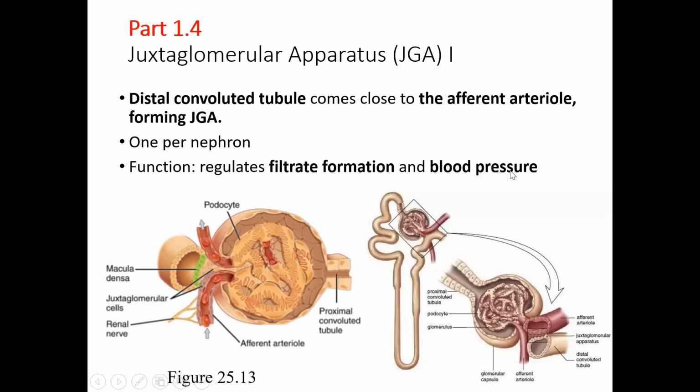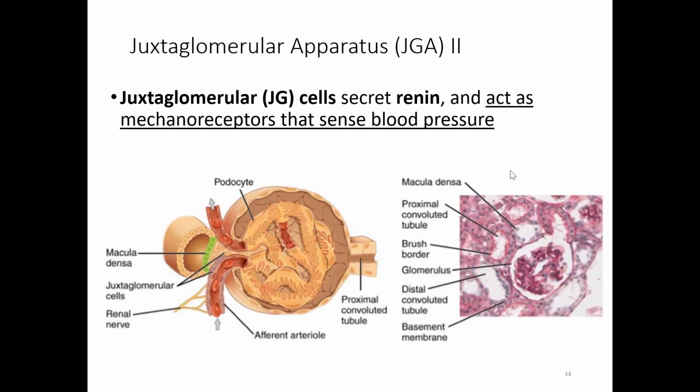You need to know how exactly it happens. So juxtaglomerular cells, which are located right here on the afferent arteriole part, secrete the hormone renin, and also they act as mechanoreceptors that sense blood pressure. When they sense a change in blood pressure, they send signals through the renal nerve to the brain.